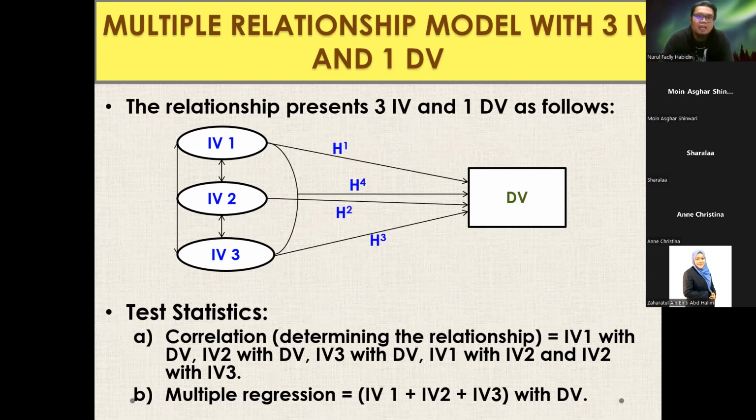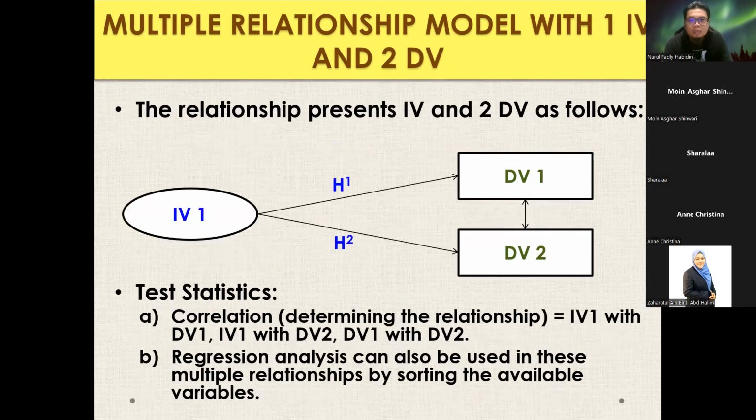So in this figure and model we can conclude that we can test correlations to determine the relationship between IV1 to DV, IV2 to DV, IV3 to DV, and also combine IV1, IV2, IV3 to make it multiple. So we can test multiple regression towards the dependent variable.